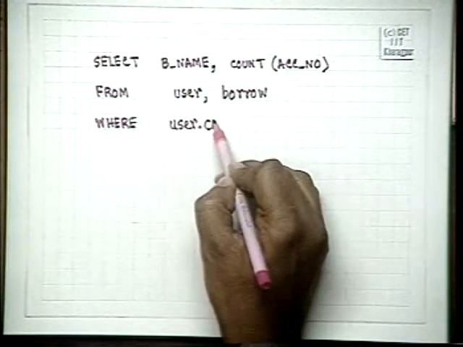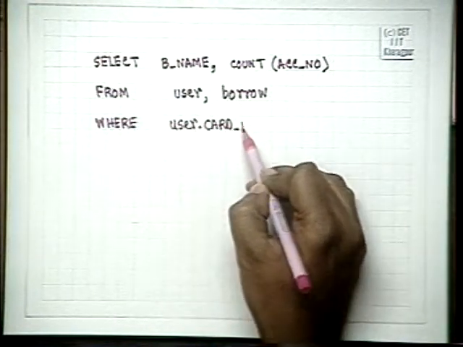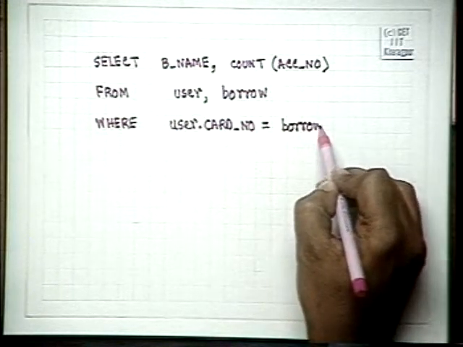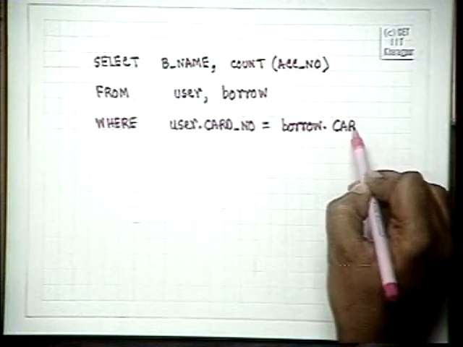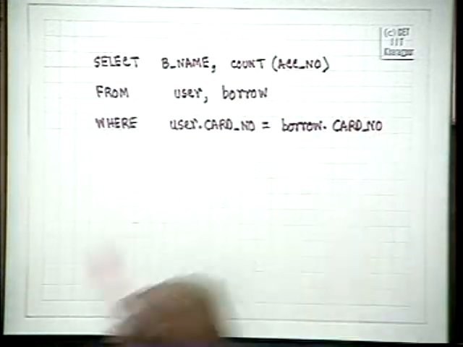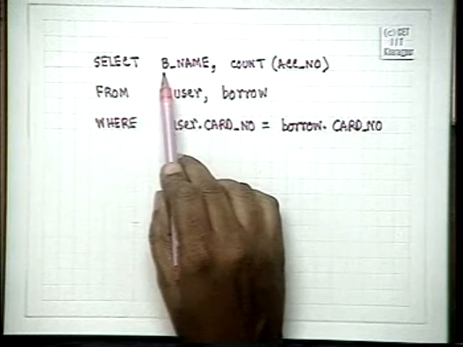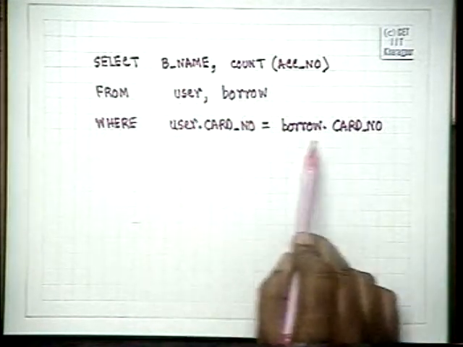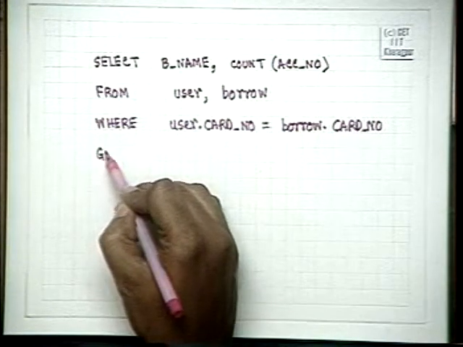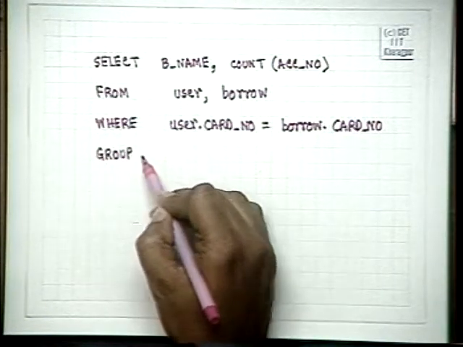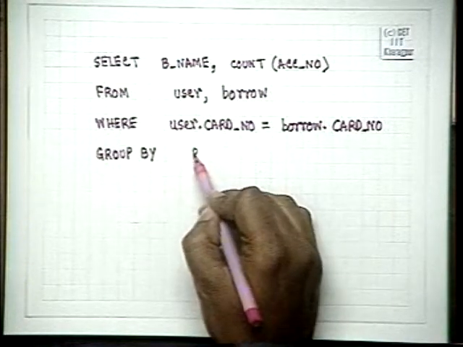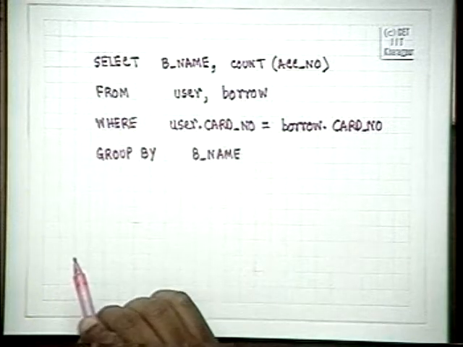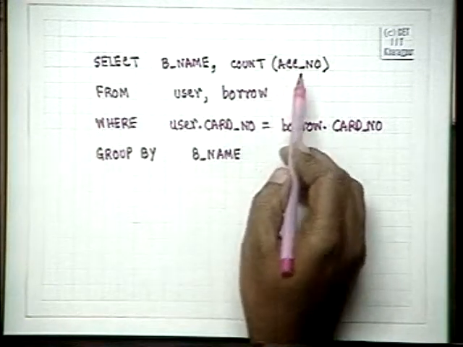User dot card number is equal to borrow dot card number. This is how we have got the names of all the borrowers. We will group it by B name and count out the accession number.